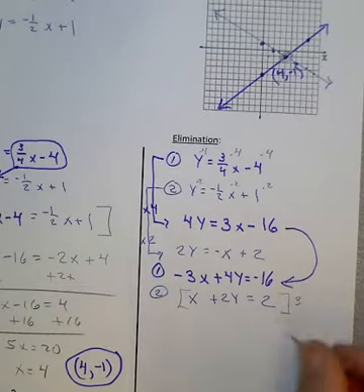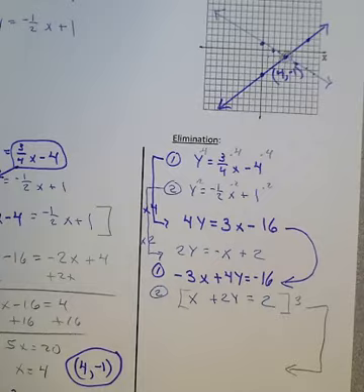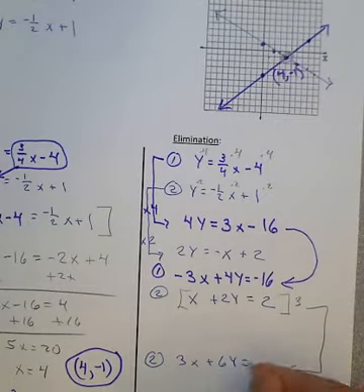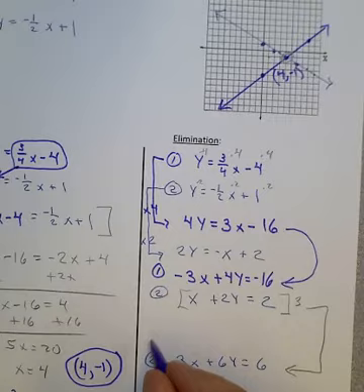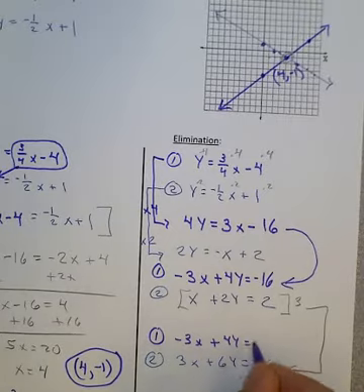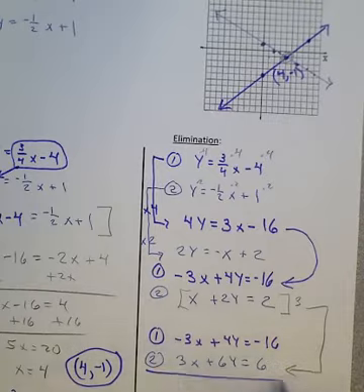Doing that, equation number 2 becomes, when I multiply by 3, 3x plus 6y equals 6. I'll rewrite equation number 1 above it. I'm going to add the equations together.